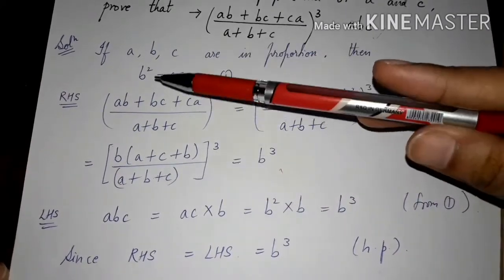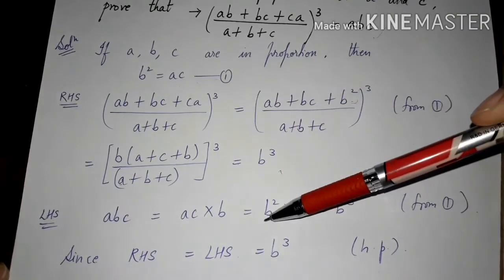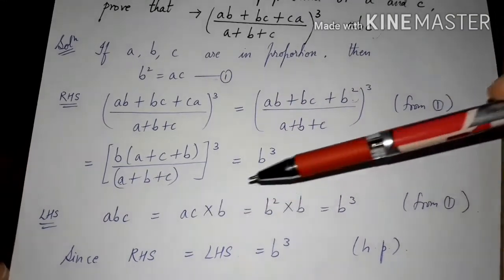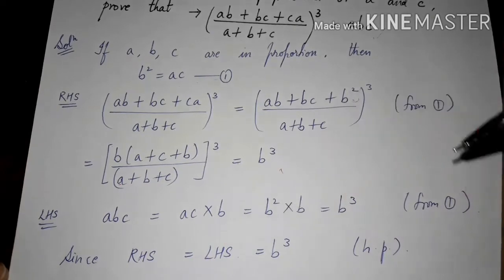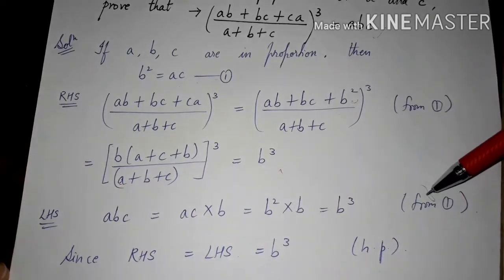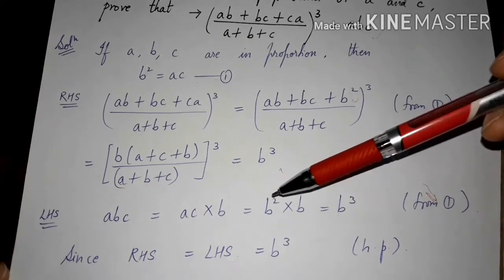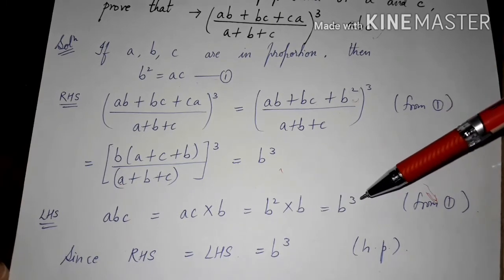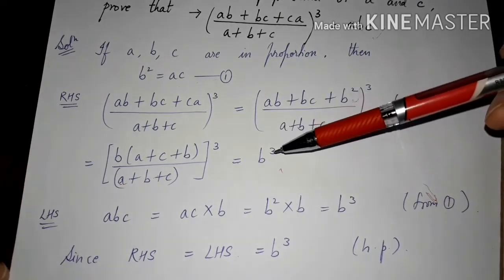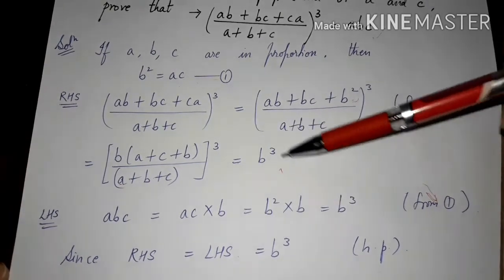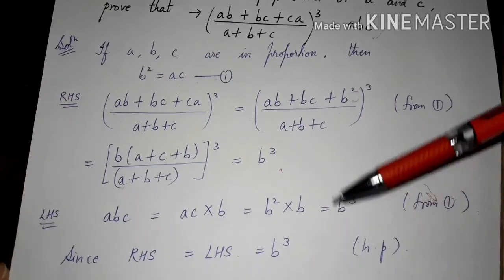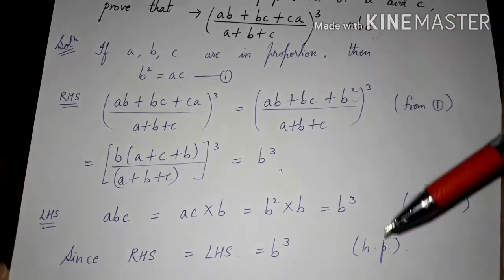AC is B square. So here, in place of AC I have written B square, which we are taking from the first equation. So B square into B is what? B cube. So since LHS and RHS both are equal to B cube, that means this is proved.